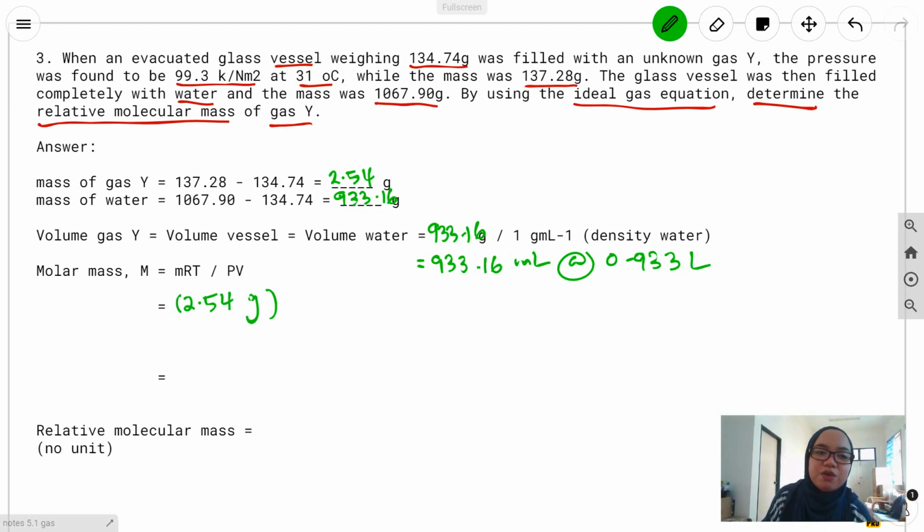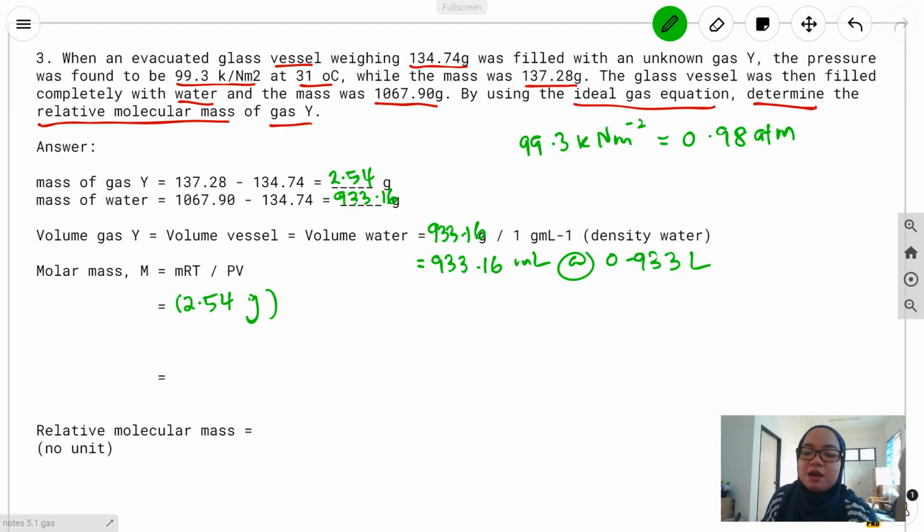Okay, first we need to convert this first. So we need to convert 99.3 kN per meter squared into atm, which is equal to 0.98 atm.